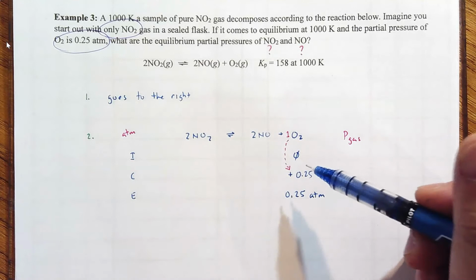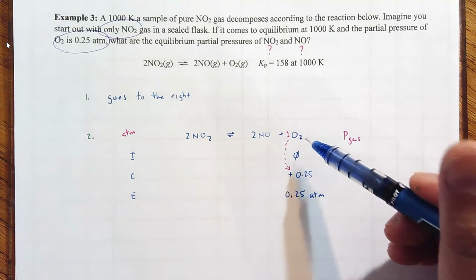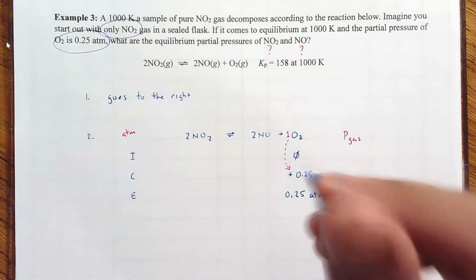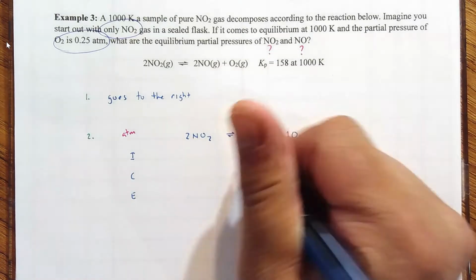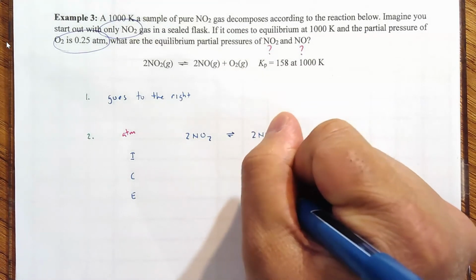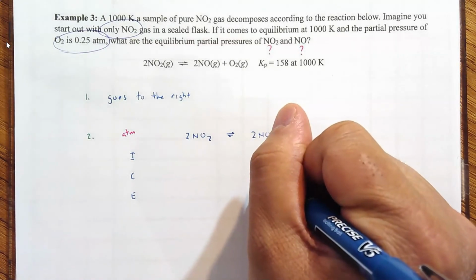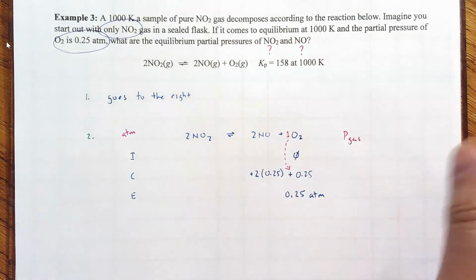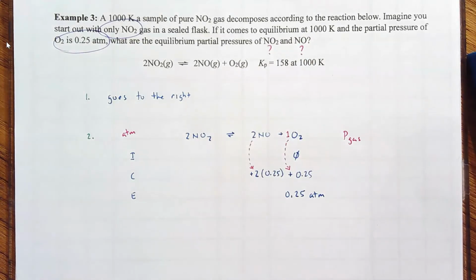Because every time a molecule of O2 is made, 2 molecules of NO are made. So it's going to be plus 2 times 0.25. And again, that 2 comes from the coefficient.